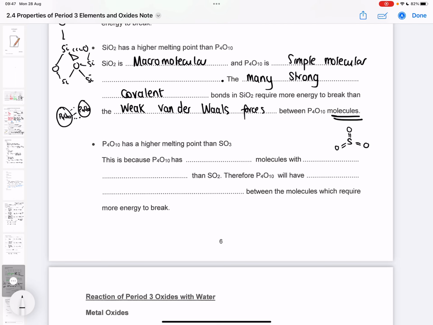P4O10 is a bigger molecule than SO3, and therefore it has more electrons than SO2 or SO3. There's a typo there, but it doesn't matter. If it was SO2, you could do the same argument. Therefore, P4O10 will have stronger van der Waals forces between the molecules.